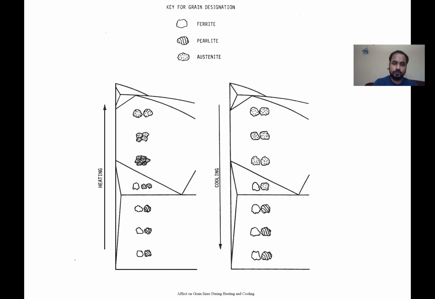For example, as soon as you heat it up and cross the AC3 line, it doesn't matter what structure you had initially, the grain size is going to change. If you are just above AC3, the grains will be small. There won't be any grain growth happening.